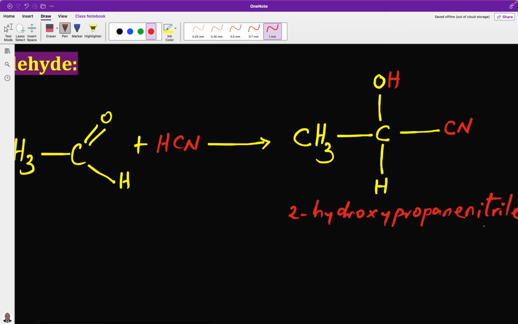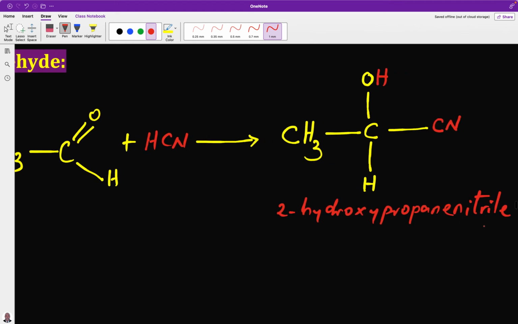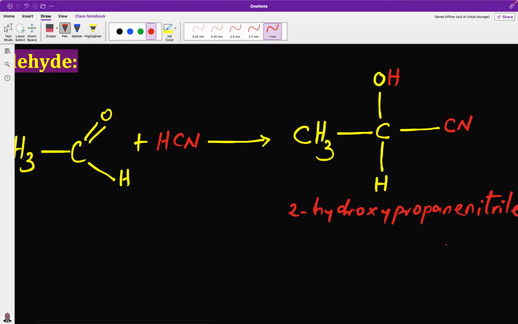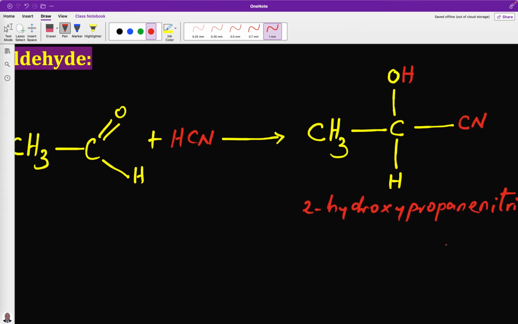So that is the product there. 2-hydroxypropane nitrile is the product that is being formed as a result of this nucleophilic addition reaction on aldehyde.